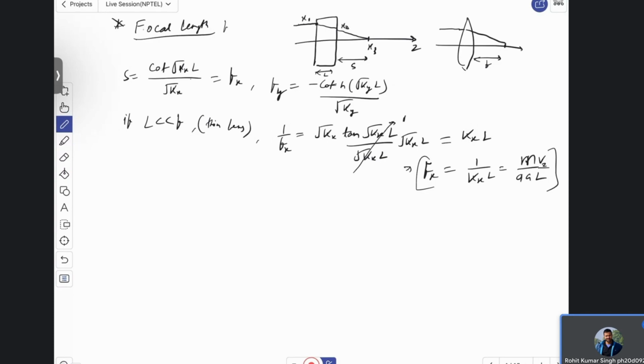The transfer matrix for a thin lens is given by this, with minus and plus, right?